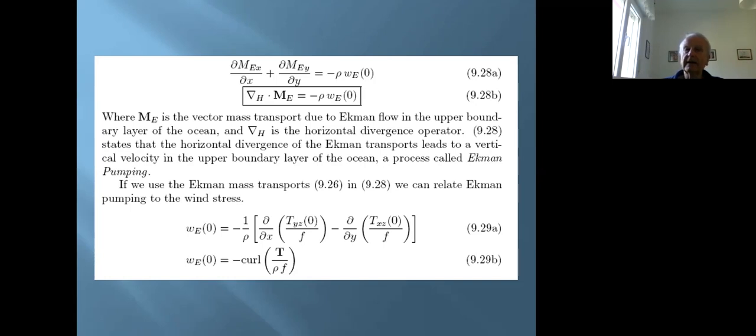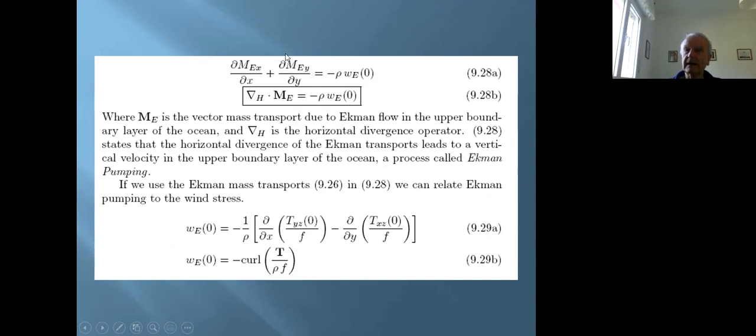And we can connect this Ekman mass transport, and this Ekman pumping, to the wind stress. So what we obtain finally is this thing here: the vertical velocity is associated to the Ekman layer divergence.